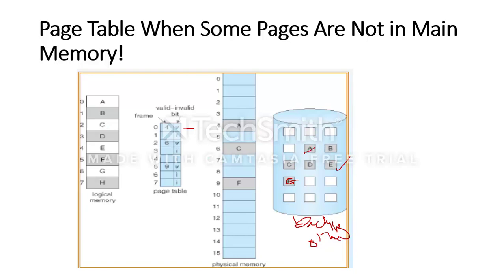Then you go to 6 with the G, we now have our G. Then H is invalid, you find your H here. So we only have 3 valid bits, that is 4, 6, 9.